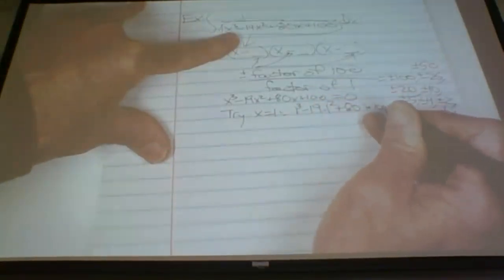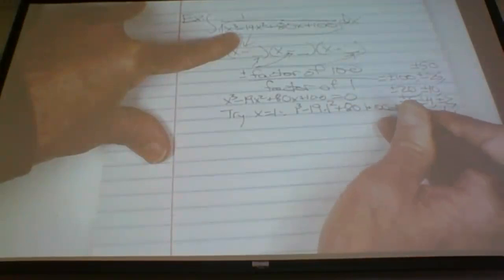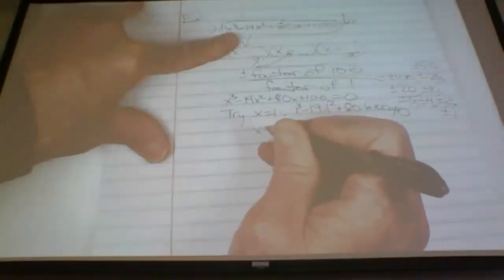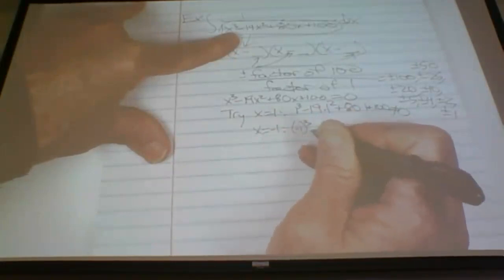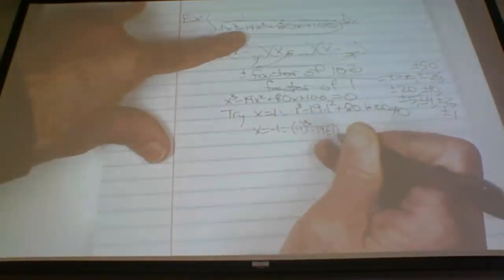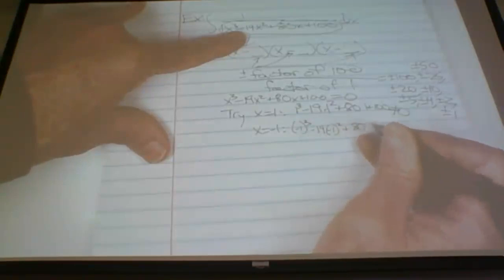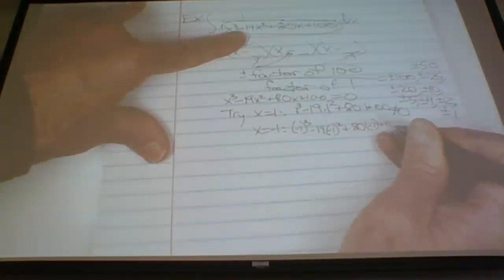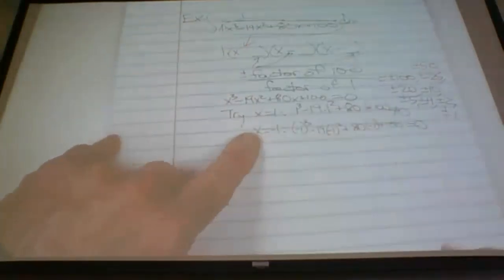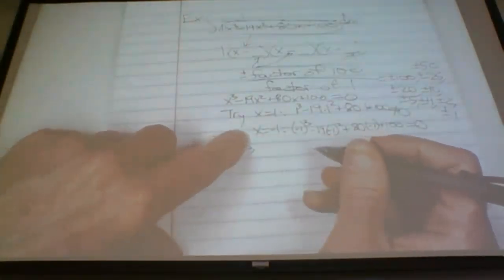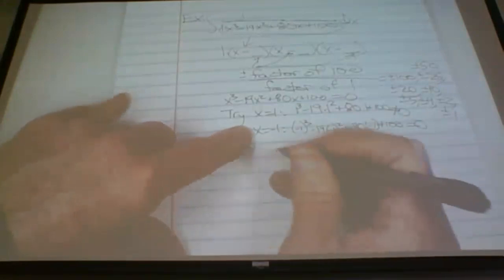And so I try x equals 1, I get 1 cubed minus 19 times 1 squared plus 80 times 1 plus 100, and that's positive. That's too big. That's not equal to 0. So I try x equals minus 1, another easy number, and I get minus 1 cubed minus 19 times minus 1 squared plus 80 times minus 1 plus 100, and sure enough, that comes out to be 0.